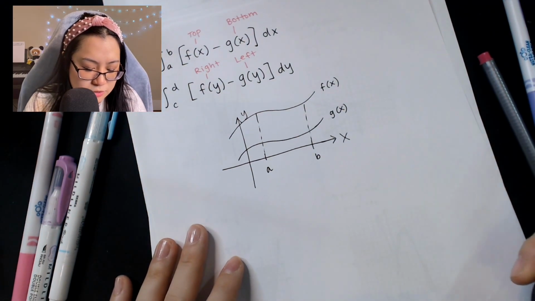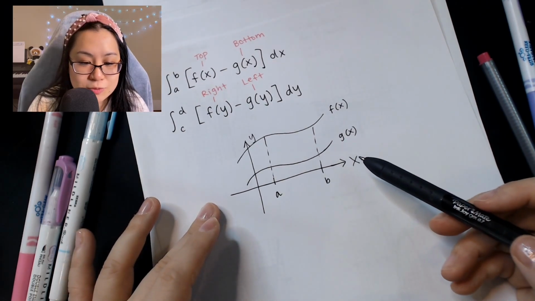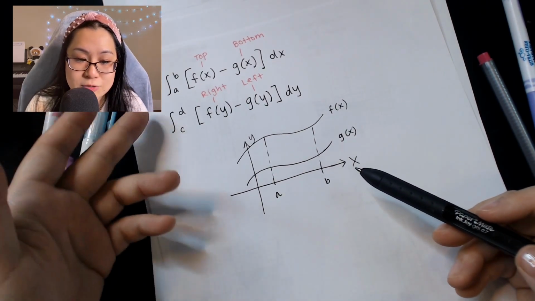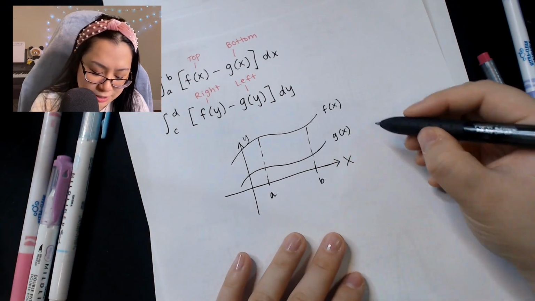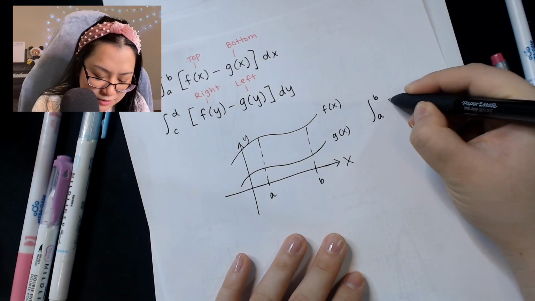Okay, so if you've learned about integrals, which I'm assuming that you have looked at a first definite integral, if you're looking at this kind of question, you probably know about definite integrals like this.